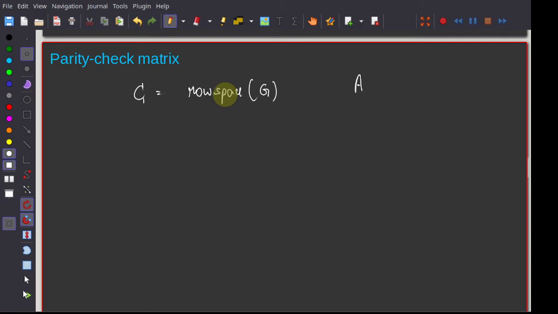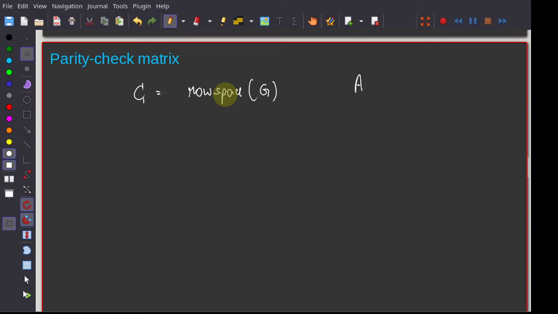There are two more fundamental subspaces associated with any matrix. Correct. So the right null space and the left null space.